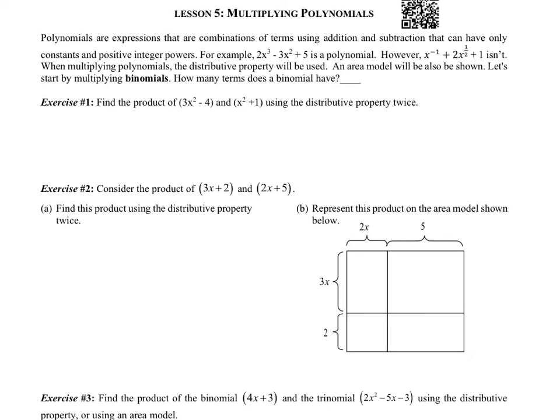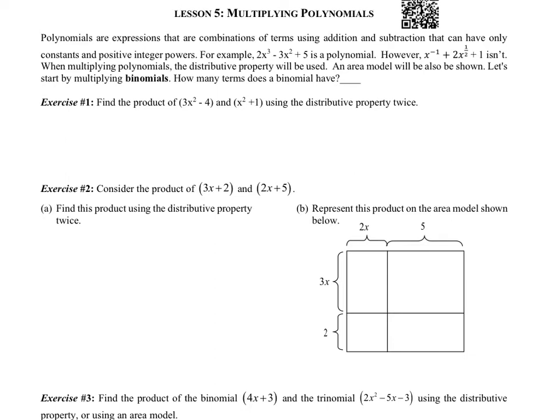To be more specific, there's 3 terms, that makes it a trinomial. However, x to the negative 1 plus 2x to the half plus 1 isn't. That's because the exponents are not positive integers. When multiplying polynomials, the distributive property will be used. An area model will also be shown.